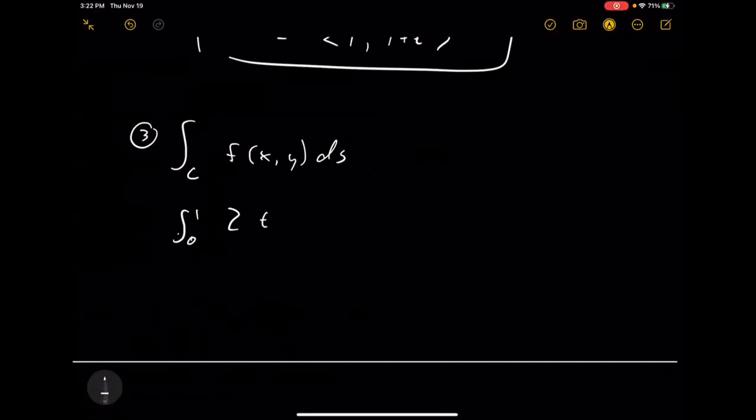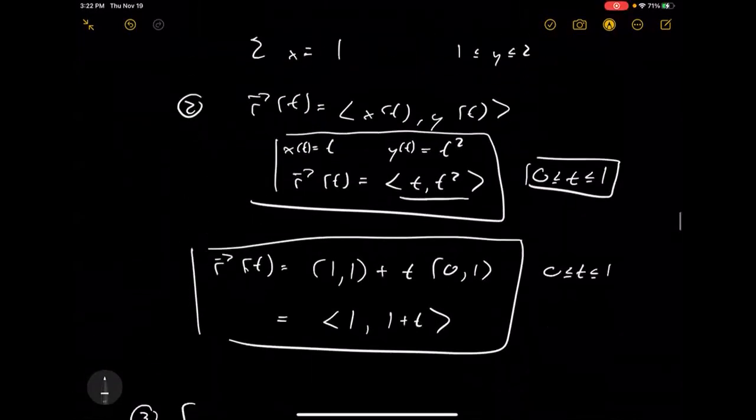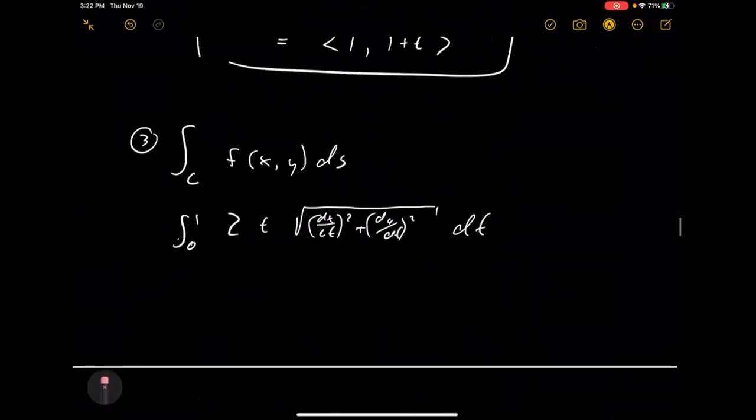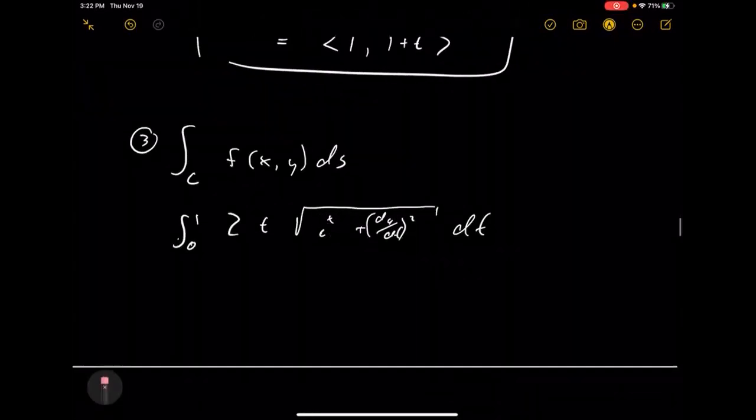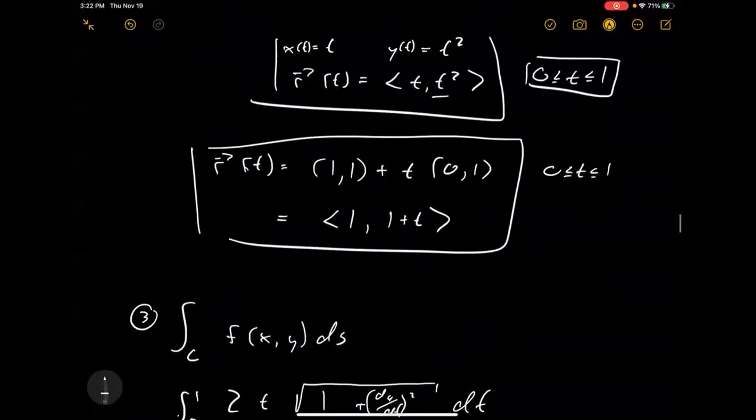And then ds gets replaced with the square root of dx dt squared plus dy dt squared, dt. What's dx dt? That's coming from this. What's the derivative there? That's just 1. What is dy dt? 2t.